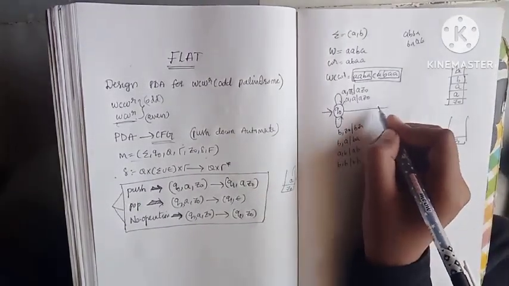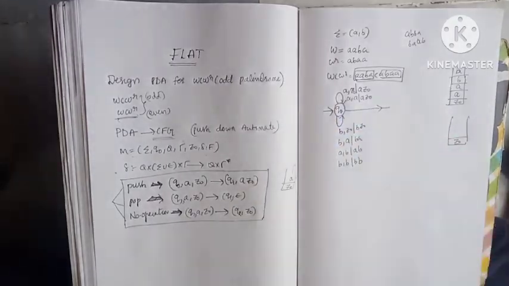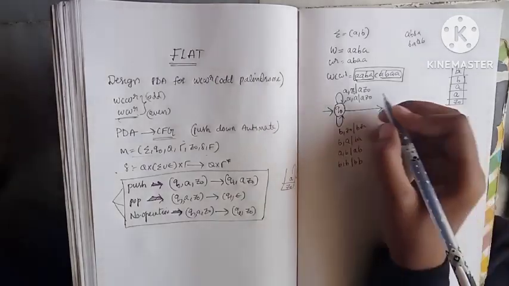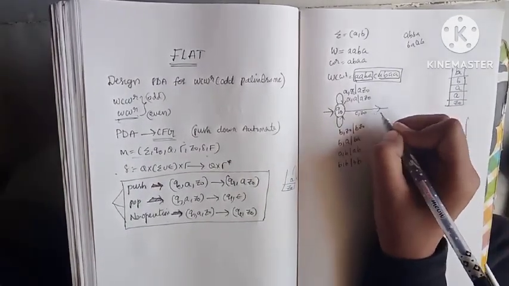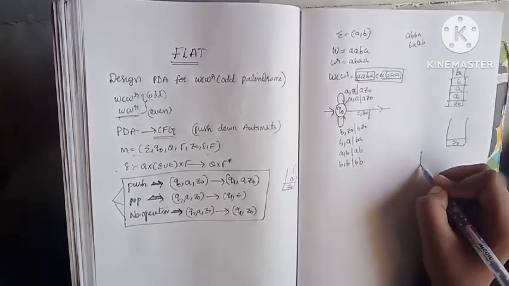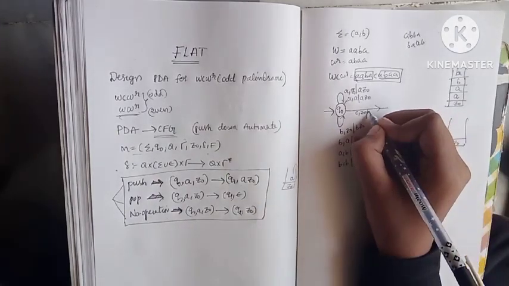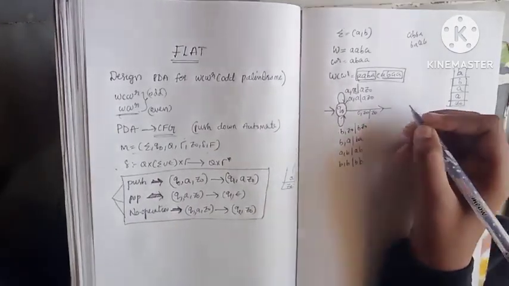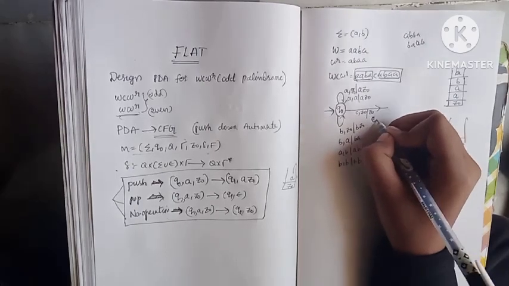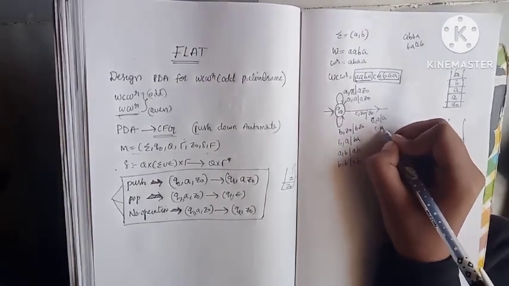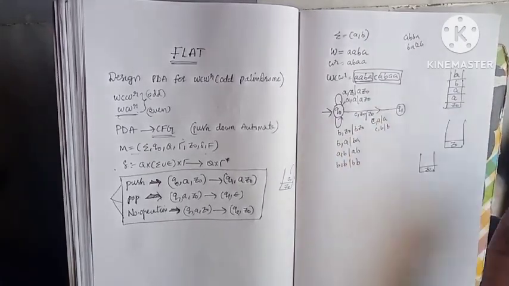Now we can repeat it any number of times, so that's the reason why we have used a loop here. Now when it comes to c, we are performing no operation. So maybe the stack would be empty. If I am at c, I will perform no operation. So c comma Z0 will give Z0. And if at the top of the stack it is either a or b, here also I am performing no operation. Now from q0 I am reaching q1, and at q1 we have crossed c.